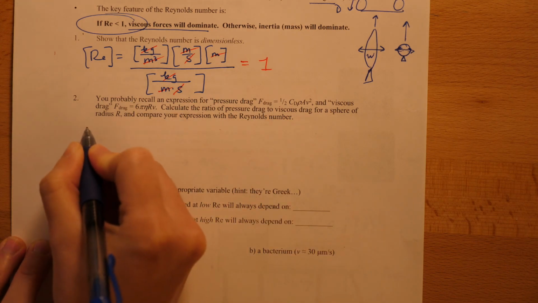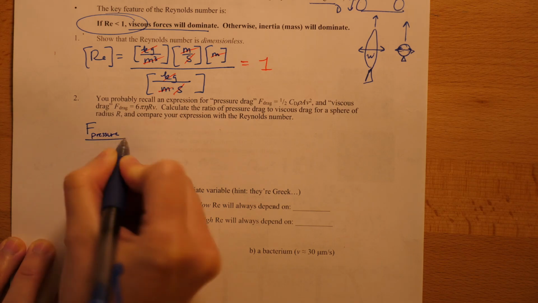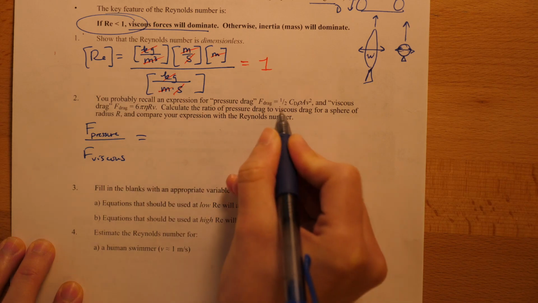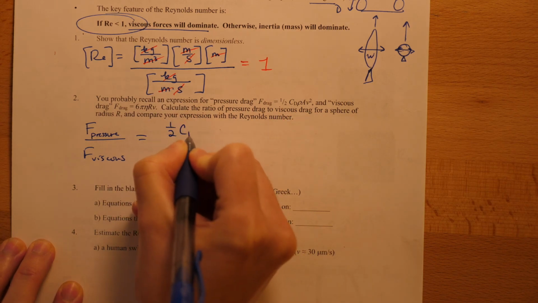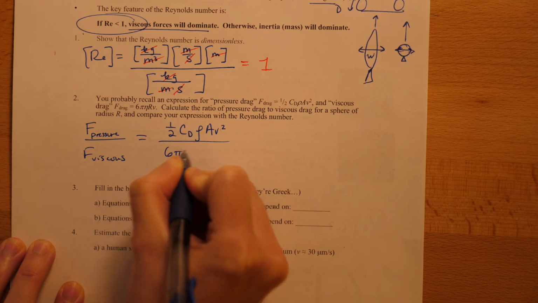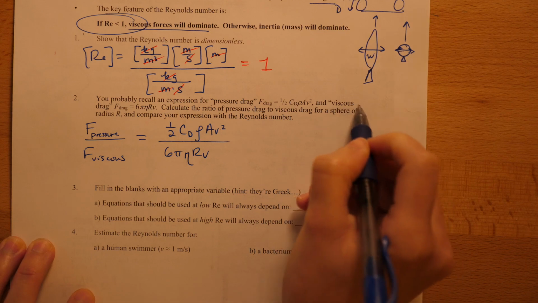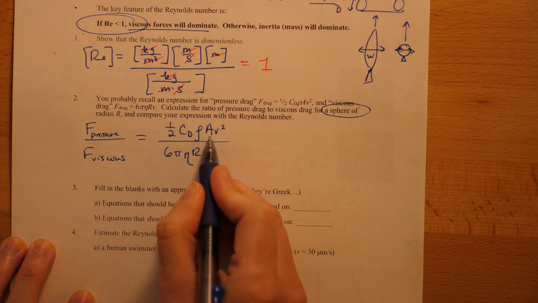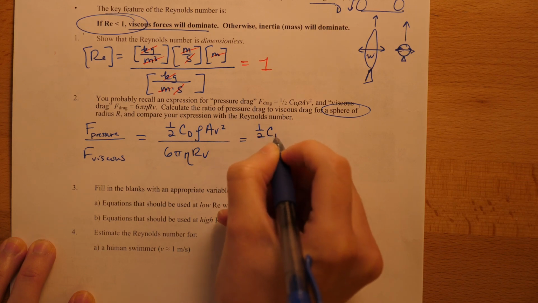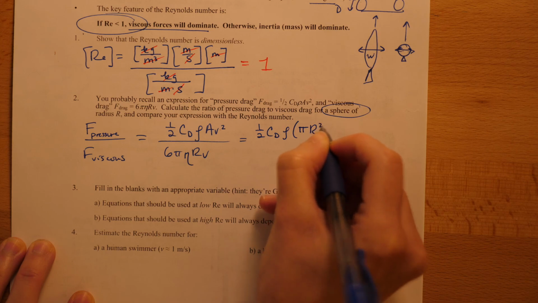So pressure drag, let's call it F_pressure, over F_viscous is 1/2 C_D rho A v squared over 6 pi eta r v. So if we want to do this for a sphere, the cross-sectional area of the sphere is pi r squared.